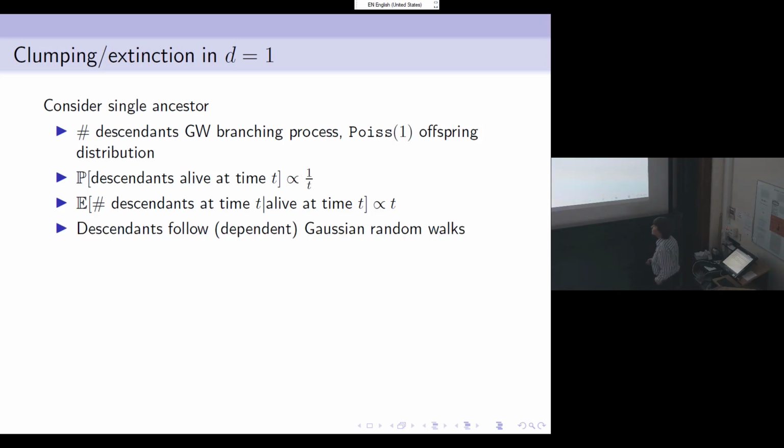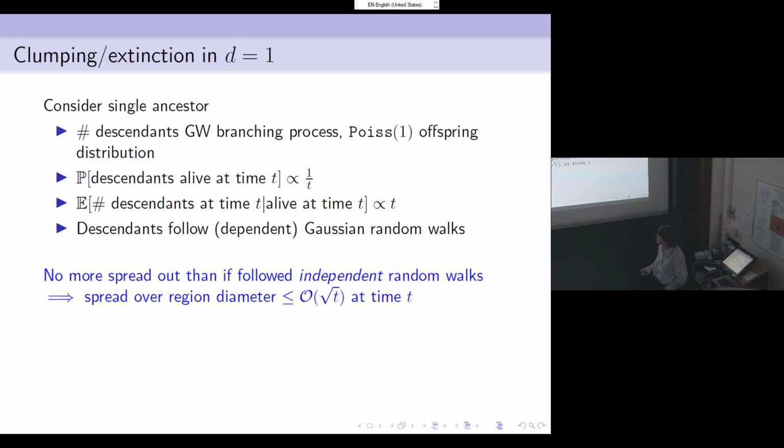Now, those descendants are following Gaussian random walks. I mean, they threw their descendants off in a Gaussian distribution around the parent. And admittedly, those random walks are dependent. But they're not going to be any more spread out than if they followed independent random walks, right? If they were allowed to go their own way, they wouldn't be constrained by their relatives.